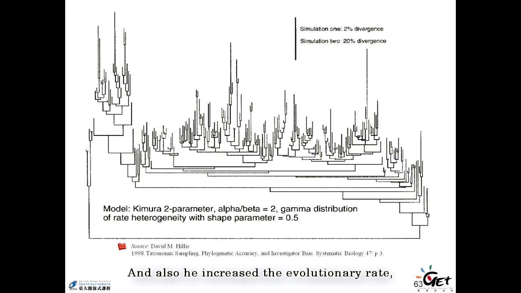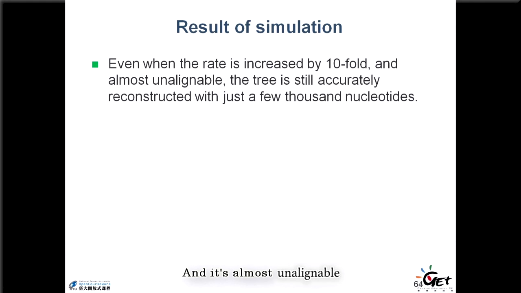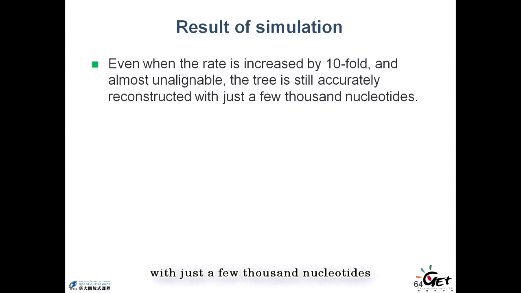He also increased the evolutionary rate to 10-fold. So the evolutionary rate became really high, and it's almost unalignable. But the tree is still accurately constructed with just a few thousand nucleotides.